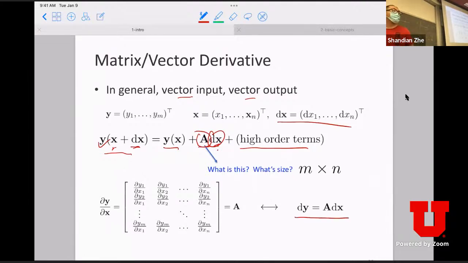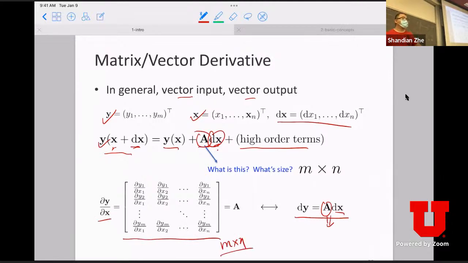This is a common notation. We can write dy, meaning the derivative of the output, is A times dx. And we know from calculus that A is defined as the Jacobian. If your output y is m dimensional and your input is n dimensional, then your derivative matrix A is m by n.